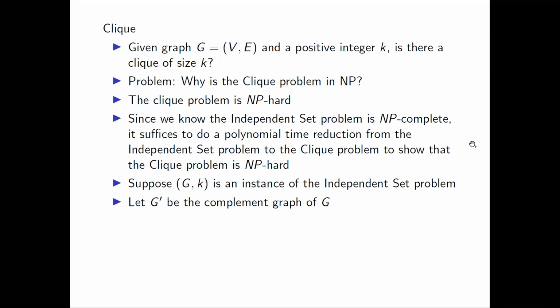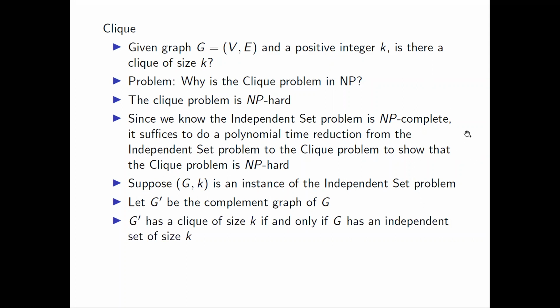So we'll let G prime be the complement graph of G. And I claim that G prime has a clique of size K if and only if G has an independent set of size K.